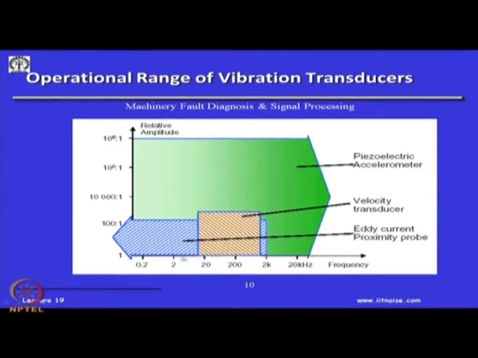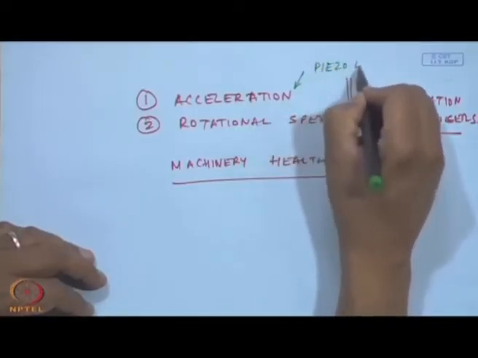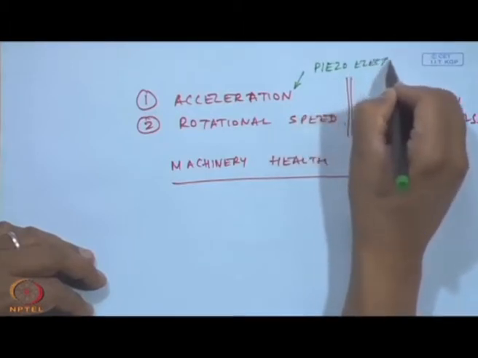The velocity transducer has a low frequency limit of about 10 hertz to about 1000 hertz, but the piezoelectric accelerometers can measure all the way from 0 to a very high 70-80 kilohertz, and the dynamic range is also very high. To measure the acceleration, we now will be only talking about the piezoelectric accelerometer.